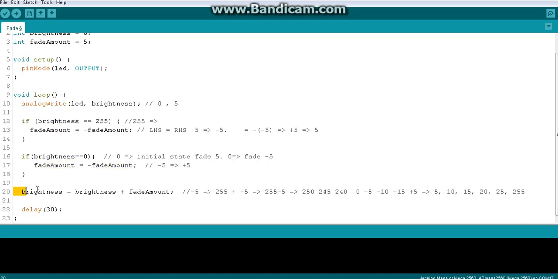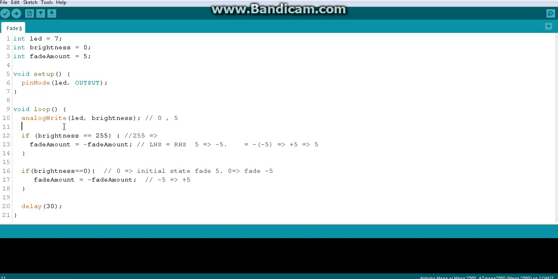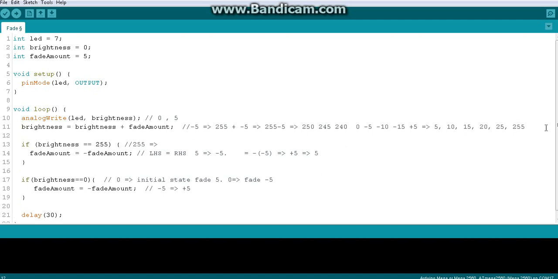Yes. So what I will do is I will cut this one. See how I am going to sort it out. I will cut this one, I'm sorry guys, and I will paste it in the next line. So now you see what will happen when this brightness is 0 at the initial state.